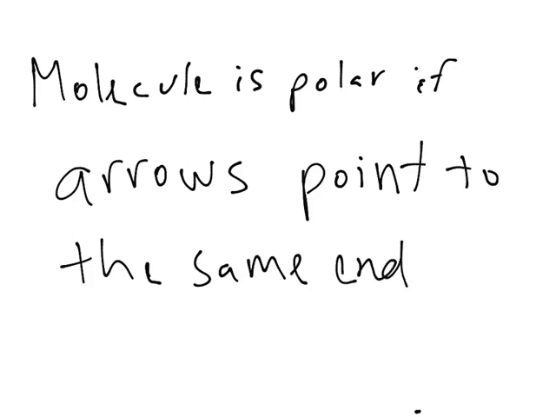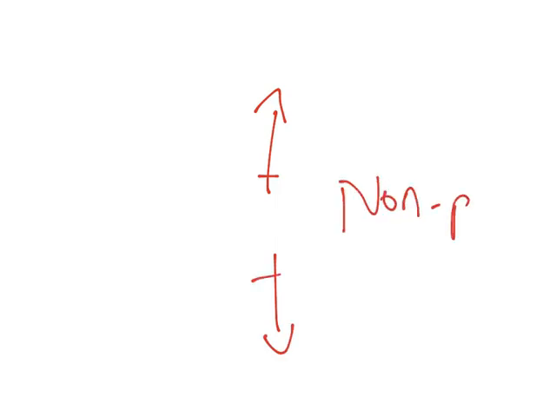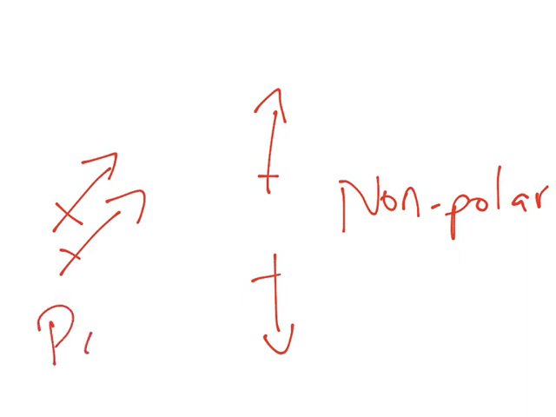And as always, I'll give you examples for you to see it. Just the contrary of that, a molecule is non-polar if the arrows point away from each other. So if you have an arrow going like that and an arrow going like that, the molecule will be nonpolar. But if you have an arrow going like that, and then another arrow going like that, the molecule will be polar.